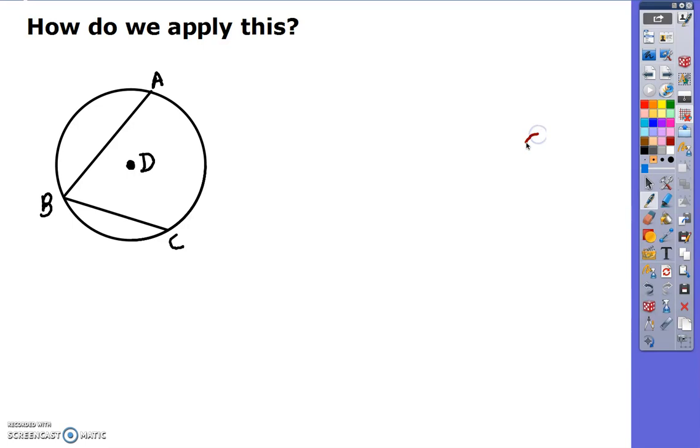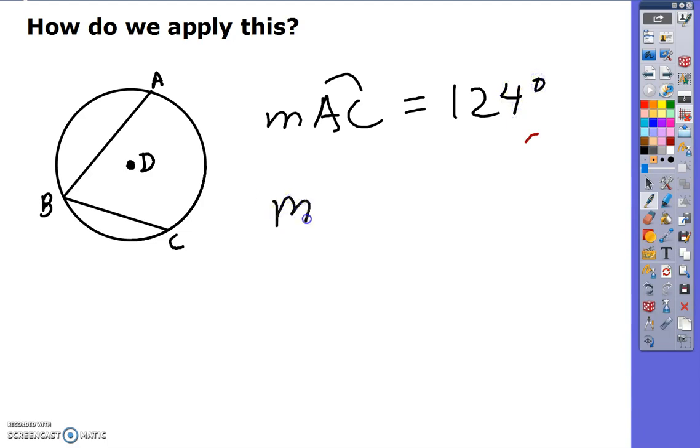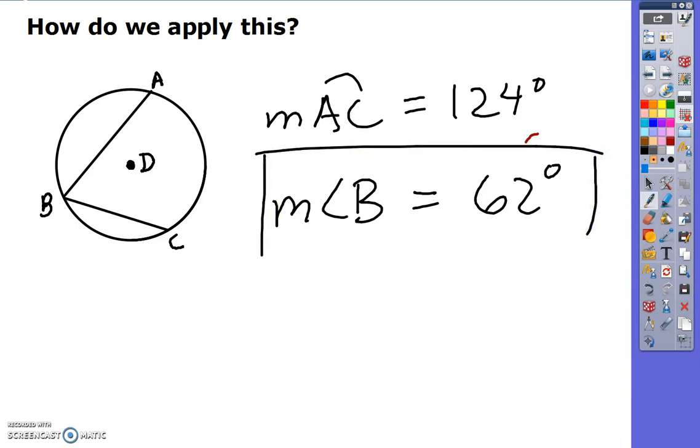One, let's say I know the measure of arc AC equals 124. Then the measure of angle B equals 62 degrees. And we're done. So we can use it to find those things.